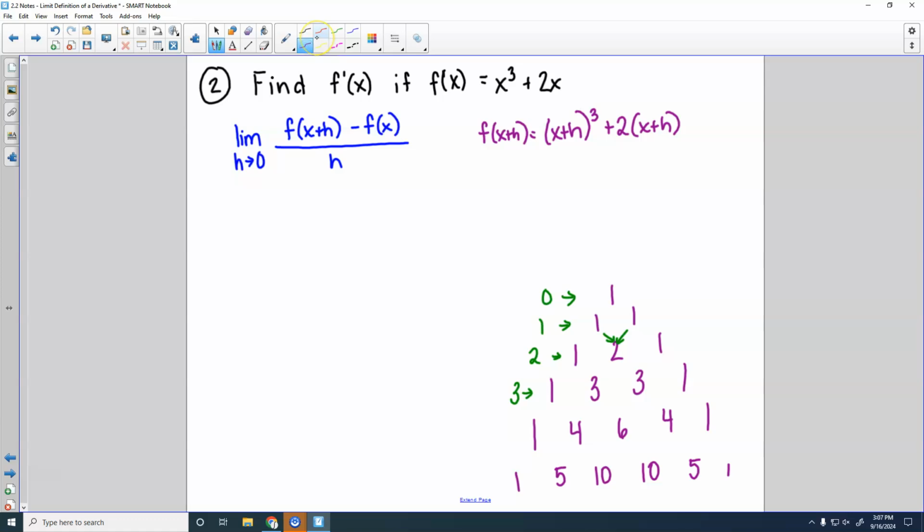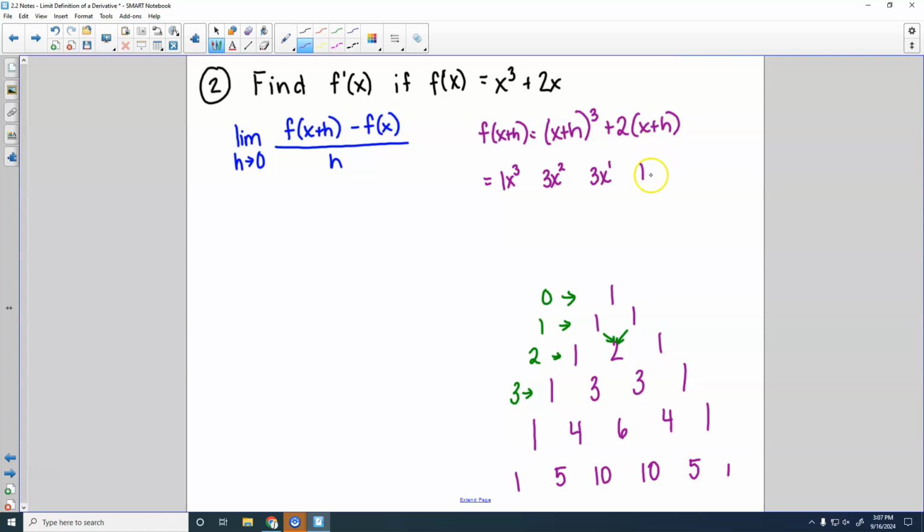So when we do this, we're going to have those as coefficients: 1, 3, 3, 1. The nice thing about this is it's always just an x and an h for these types of problems. You start with x's: x to the 3rd power, x to the 2nd power, x to the 1st power, and then you won't have an x at all on the last term, since x to the 0 power is just 1.